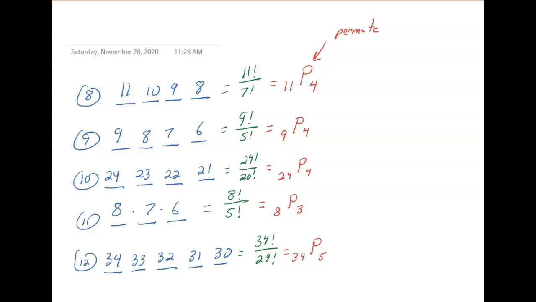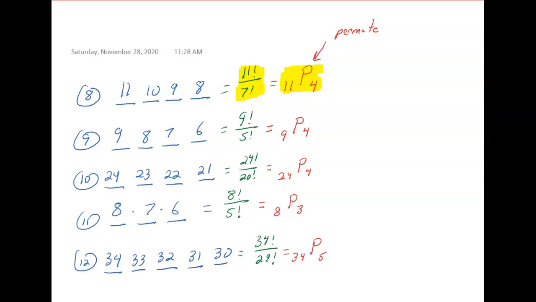So what I'd like you to do is take a look at the green and compare that to the red. So we have 11 factorial over 7 factorial, 11 permute 4.